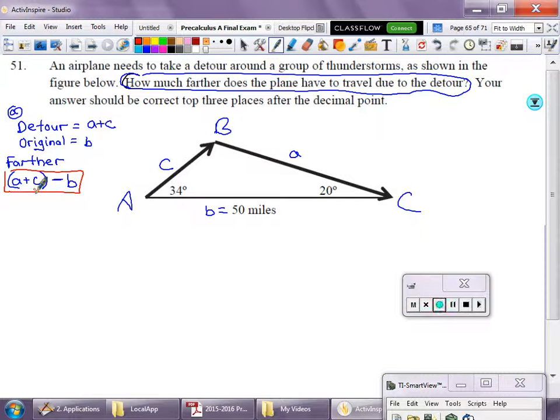To find the angle opposite B we could use law of sines, and angle B is going to be equal to 180 minus the sum of 34 plus 20. Let's put that in our calculators.